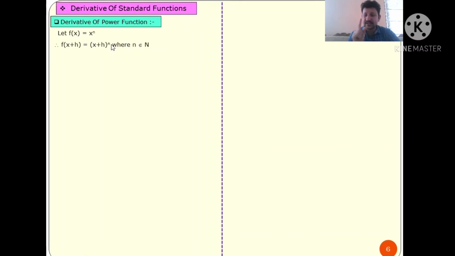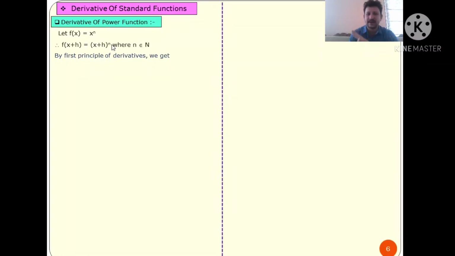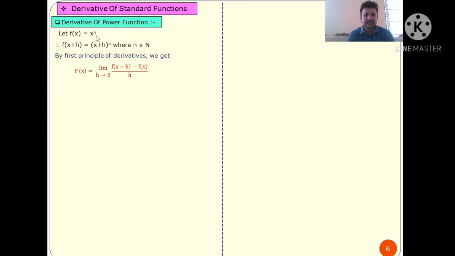To find the derivative by first principle, applying the formula, f dash of x is the limit h tends to 0 of f of x plus h minus f of x divided by h. Check here. Limit h tends to 0 of f of x plus h value, that is x plus h raised to power n. The f of x value is x raised to n, substitute.